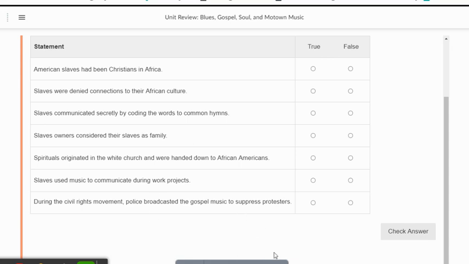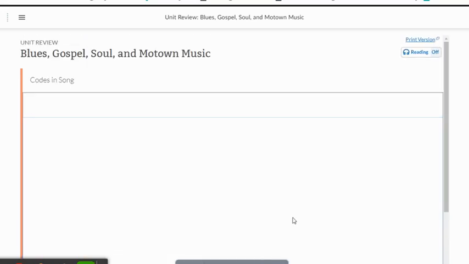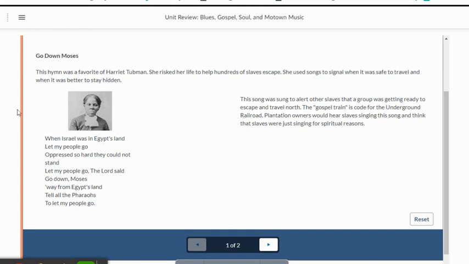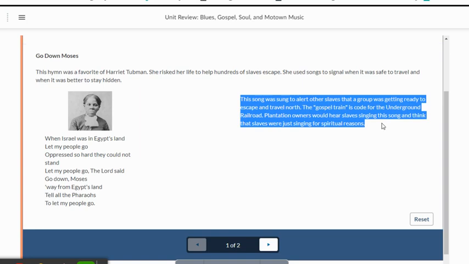All right. You can do that yourself if you would like to. And then it talks about codes and songs. So this is important to do because there may be some questions about what was behind the meaning of Go Down Moses. Okay, it was one of Harriet Tubman's favorites. So this talks about why they used it.